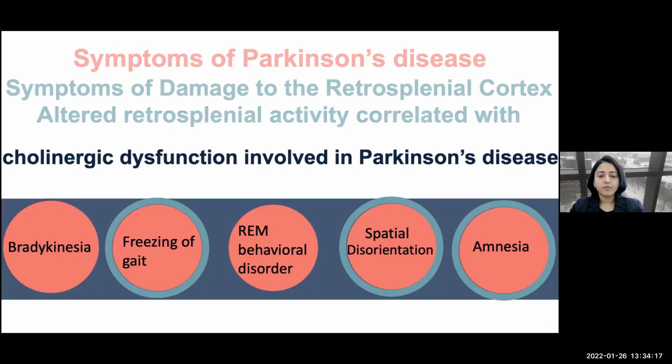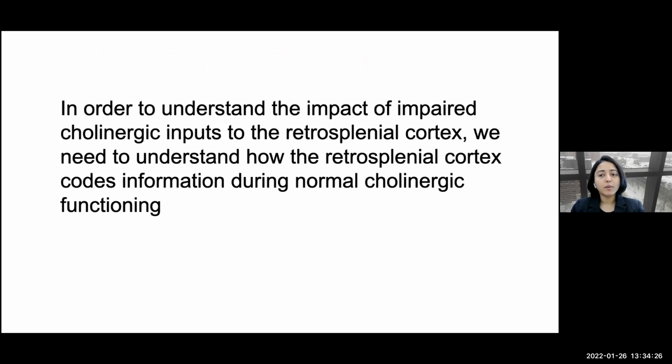there is cholinergic dysfunction, which happens in Parkinson's disease, which affects all of these symptoms. So we're interested to know what impact the impaired cholinergic inputs to the retrosplenial cortex have, and in order to understand this, we need to know how the retrosplenial cortex codes information during normal cholinergic functioning.